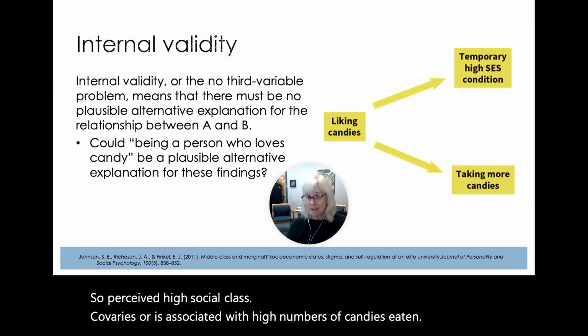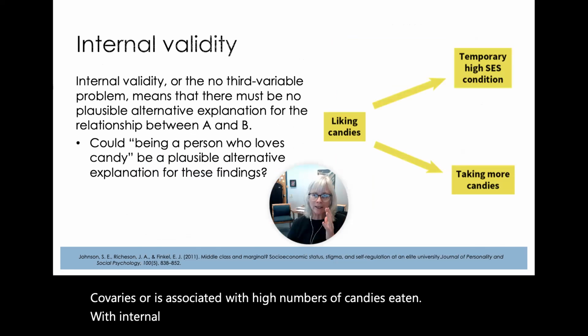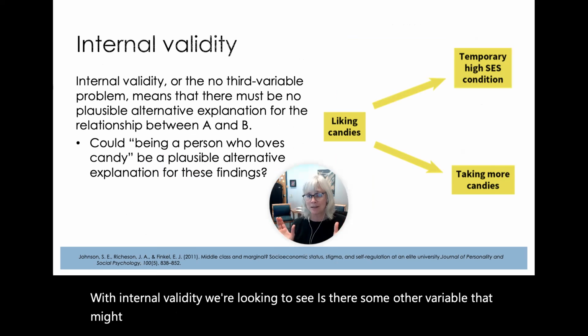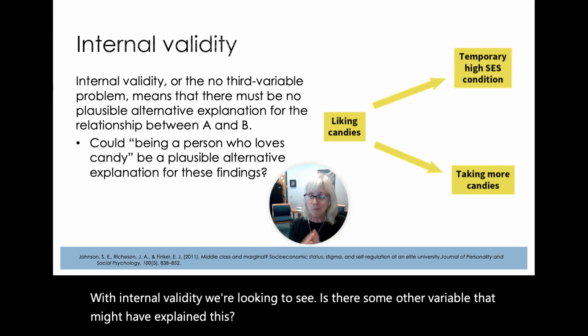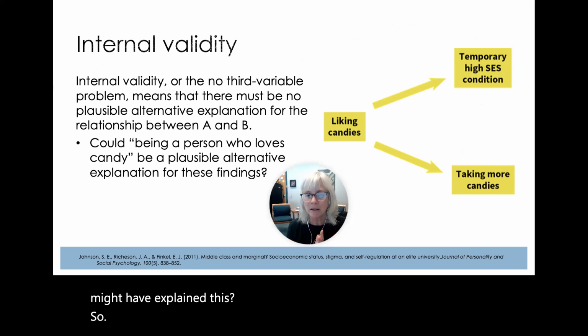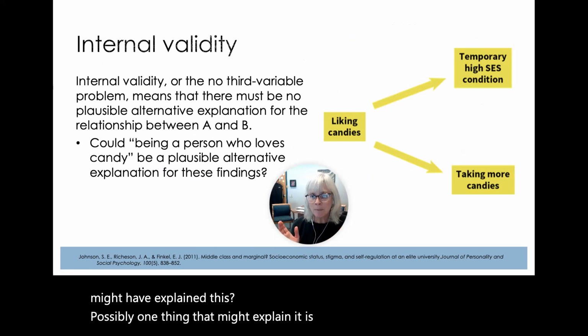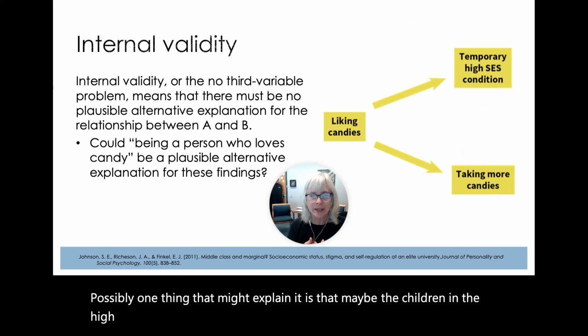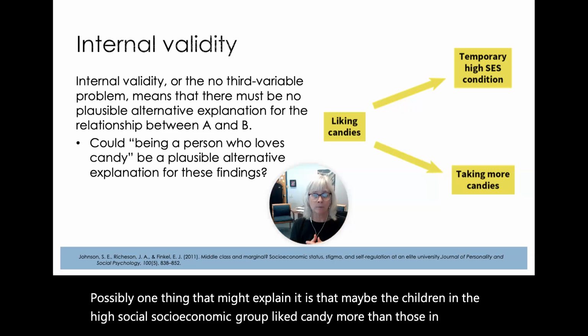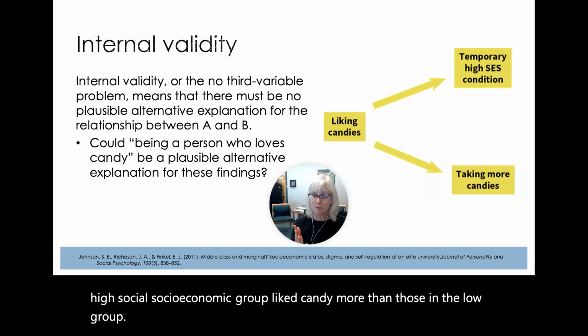With internal validity, we're looking to see, is there some other variable that might have explained this? Possibly one thing that might explain it is that maybe the children in the high socioeconomic group liked candy more than those in the low group, perhaps.